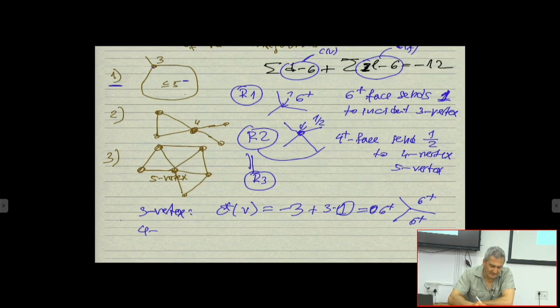4 vertex. We excluded triangles here because we're going by contradiction.